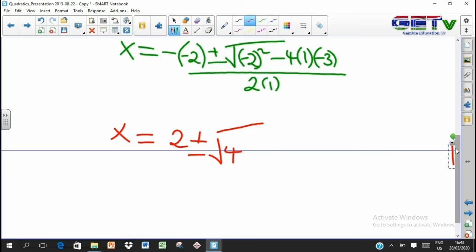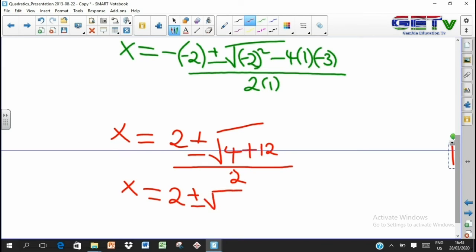If these two signs multiply, that will give us a positive sign. So if you multiply 4 times 1, that's 4. 4 times 3 will give us 12, all over 2 times 1, which is 2. x equals 2 plus or minus the square root of 4 plus 12, which is 16, all over 2.